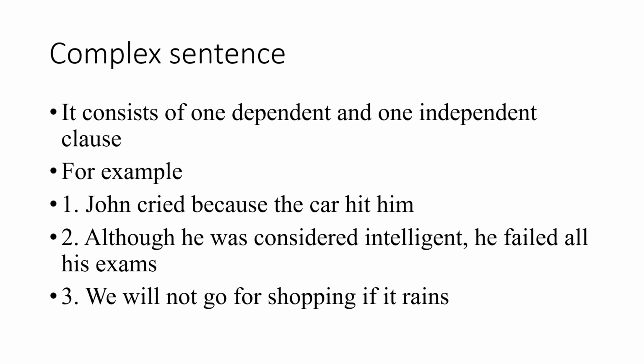The next type of sentence is a complex sentence, and it consists of one dependent and one independent clause. We should know about the dependent and independent clause so we can understand and identify it easily. For example, "John cried because the car hit him." Here, "because" is the subordinate conjunction.